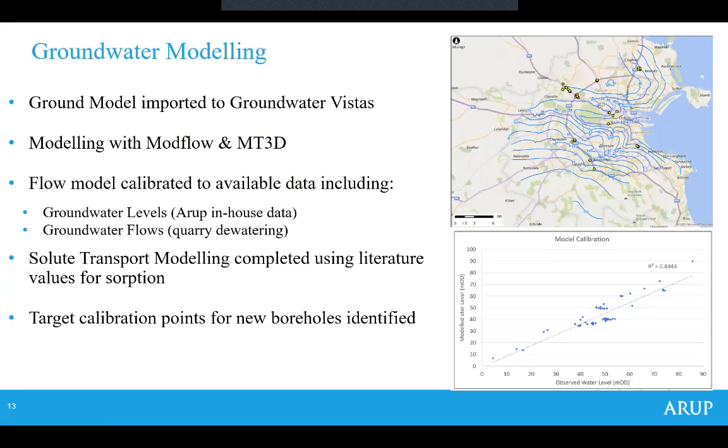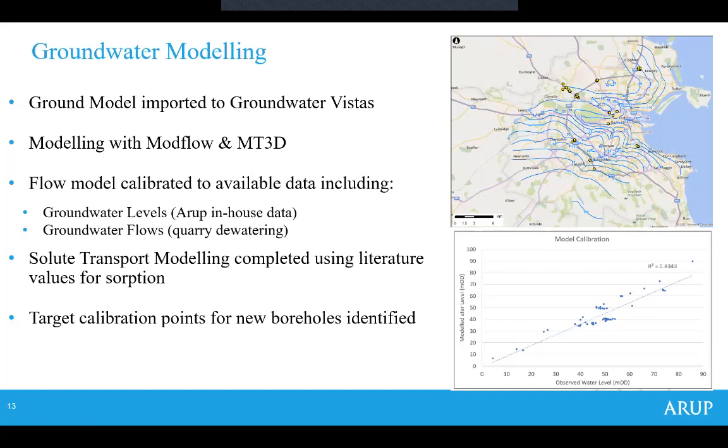This is in terms of groundwater levels, with in-house data that we had from ARP on various different projects. And while you can see here the model calibration points are shown in yellow, we get a reasonable calibration for this initial calibration. There are gaps spatially, and also some of this data will have been from different periods, from different projects, so not all the same antecedent conditions.